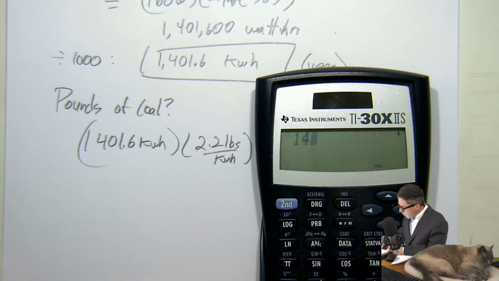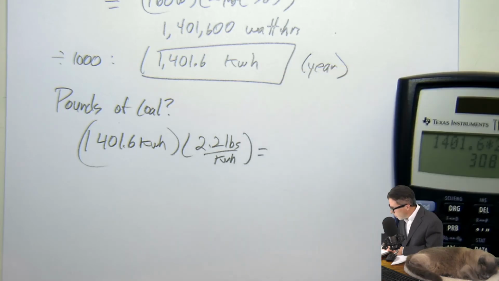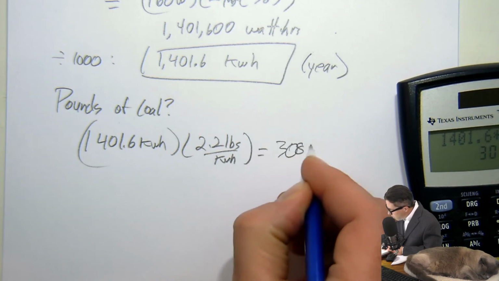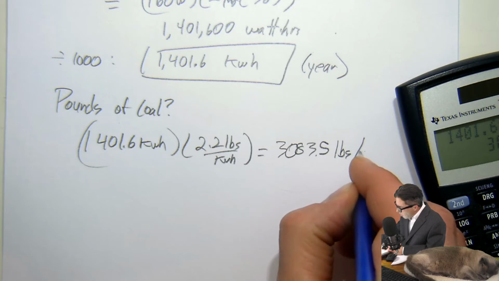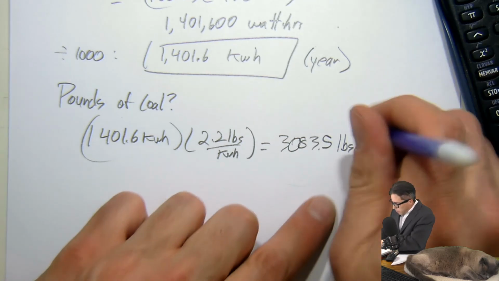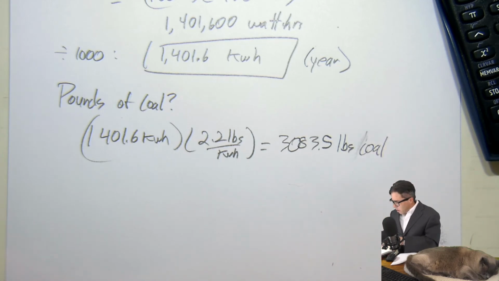So 1,401.6 times 2.2, and I get 3,083.5 pounds of coal. All right.